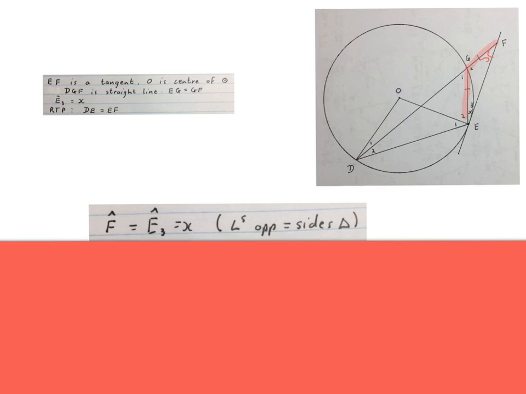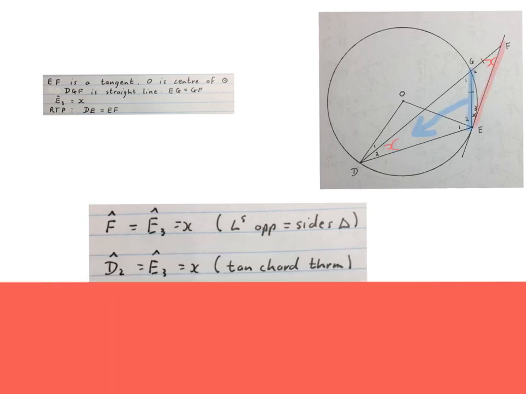One possible way of answering the question is you can write angle F is equal to angle E3 is equal to X. So that angle over there is X and that angle over there is X. Angles opposite equal sides of a triangle. So because those two sides are equal, those two angles will be equal. Then we wrote angle D2 is equal to angle E3, also equal to X. Tan chord theorem. There's my tangent, there's my chord. That angle over there is equal to the angle in the opposite segment.